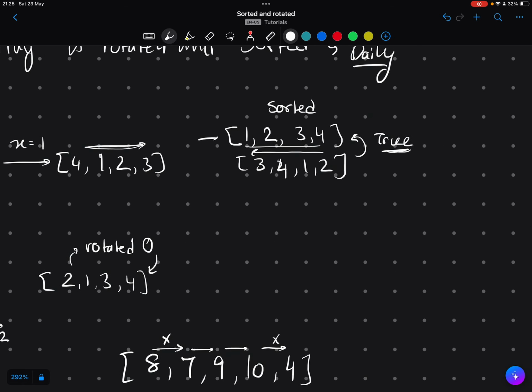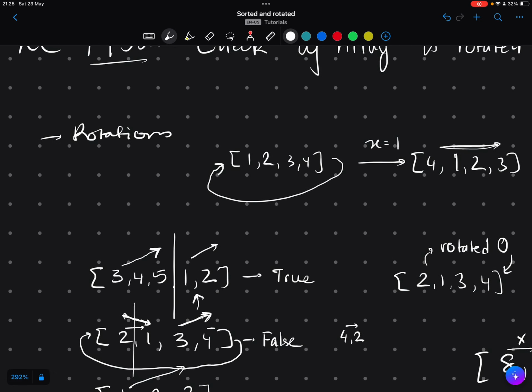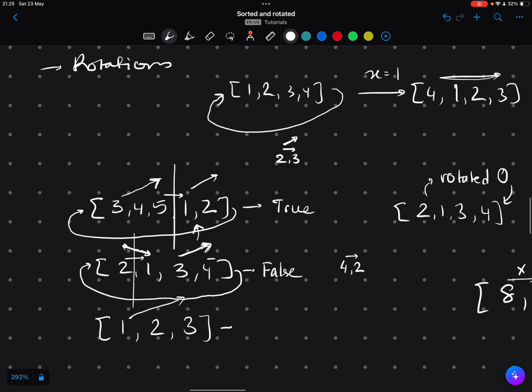And since we're told that the array is sorted and then rotated, there is a common theme amongst them: all of them will follow this pattern. The one after the drop, there will only be a singular drop. If we consider 2, wrap it around, 3, 2 and 3, that is increasing, right?